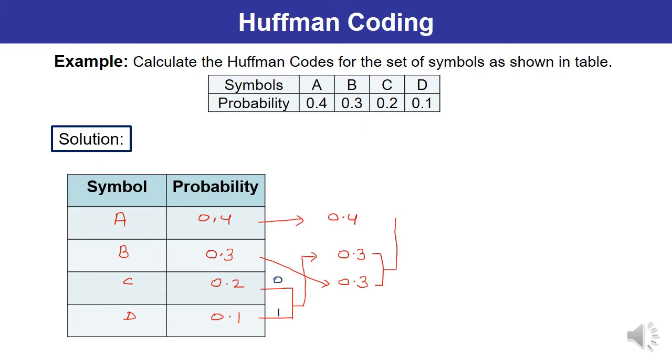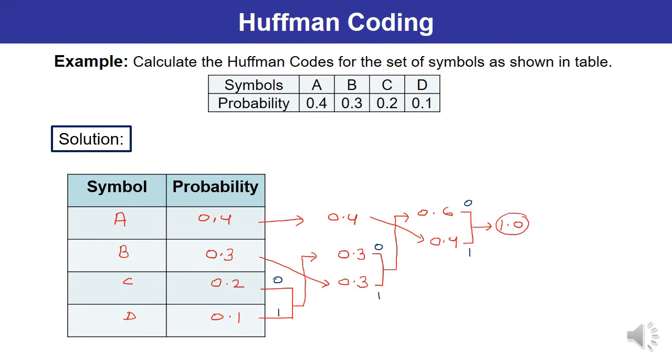It means now 0.6 is the highest one, so you will place it on the higher side, and 0.4 will come at the second position. Again, you can see the sum of these two is 1.0. You have to continue the process till the end. Now, when you have taken the sum of 0.3, the higher up symbol is 0 and the lower down symbol is 1. Again, the higher up symbol is 0 and the lower down symbol is 1.